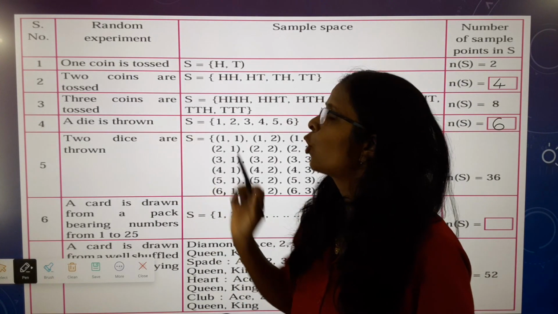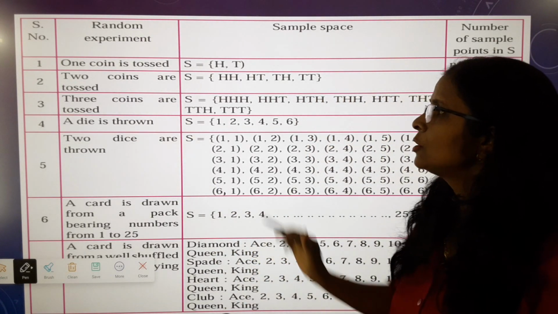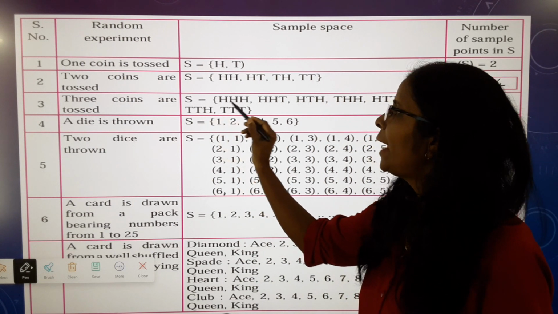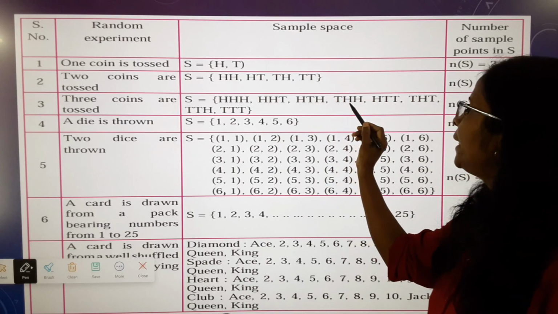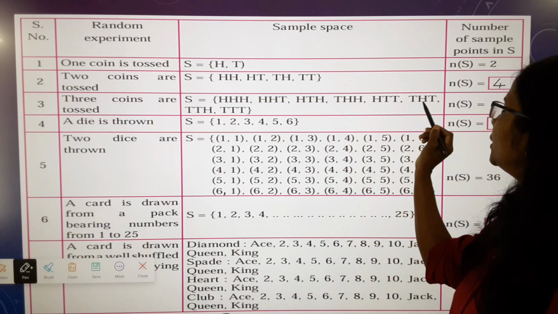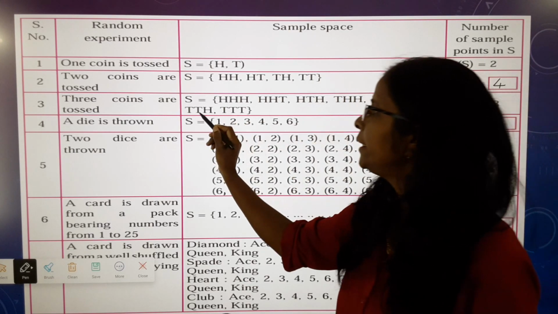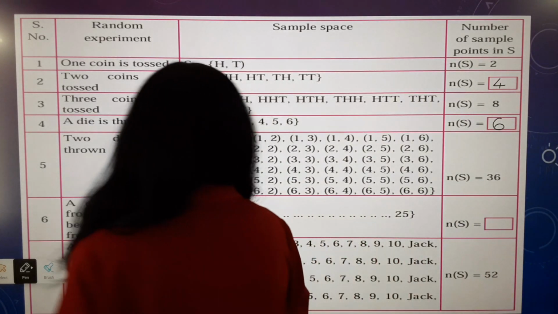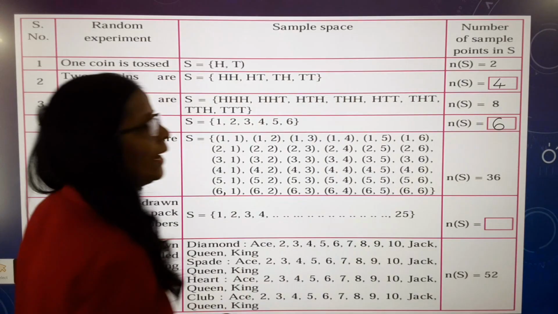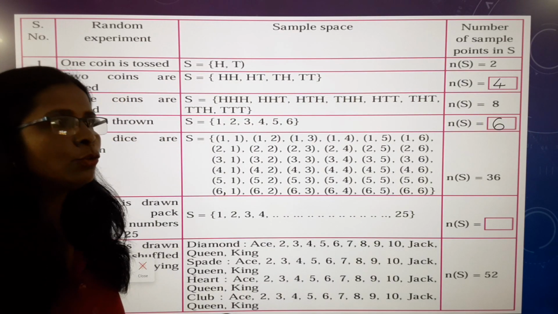Three coins are tossed: the sample space is HHH, HHT, HTH, THH, HTT, THT, TTH and TTT, so n(S) is equal to 8.